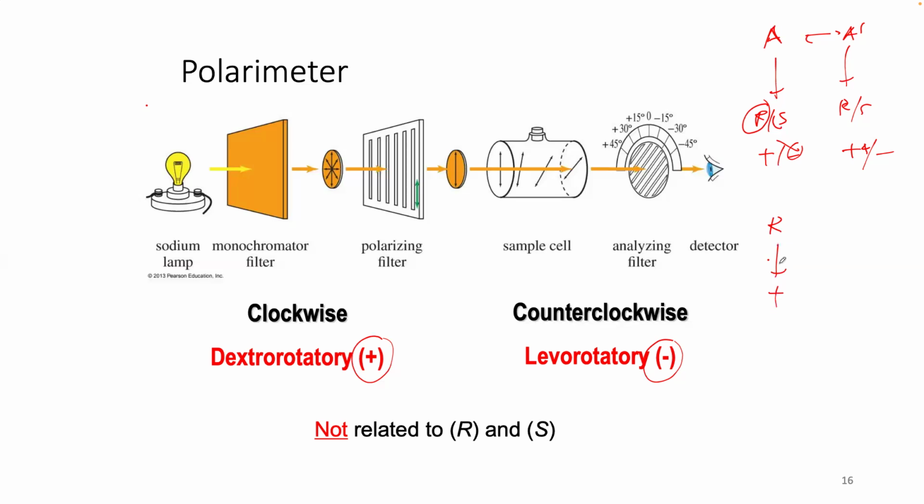My point is, you cannot say R has to be positive or R has to be negative. You can't say that. You get what I'm saying? Yes, thank you. So if R is positive, then your S has to be negative, because it's the other enantiomer, and these two enantiomers, which we also call optical isomers, rotate the light in opposite directions. So that is their property.